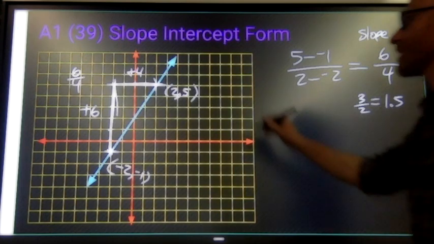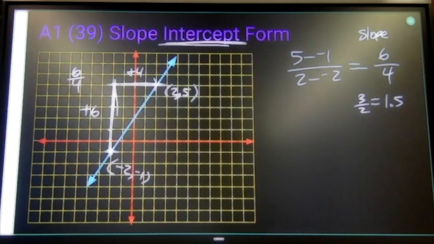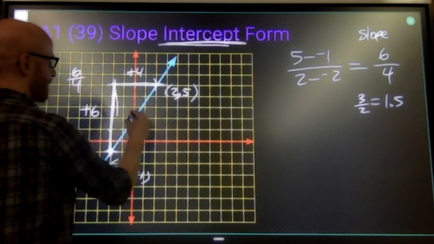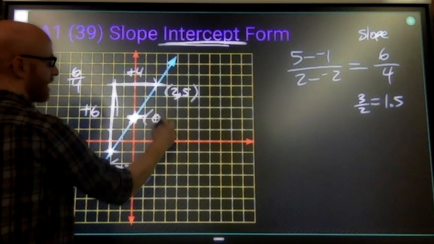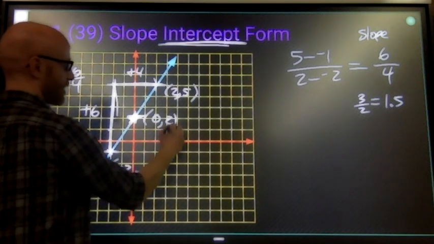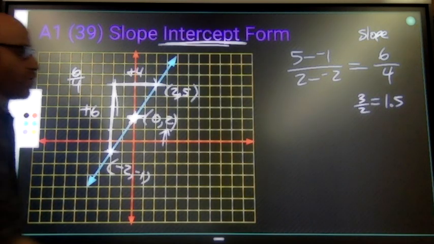The other piece we need is an intercept, and specifically we need the y-intercept. So where does this line cross the y-axis? It crosses the y-axis at 0, 2. So our y-intercept is 2. We have a slope, we have a y-intercept. Now we just do the equation.